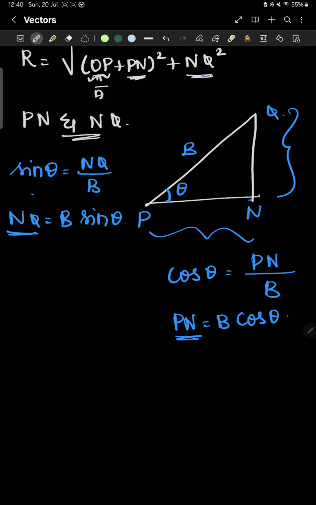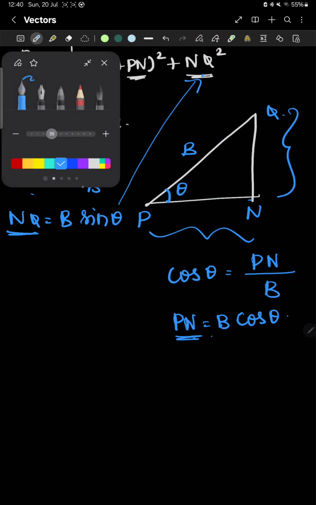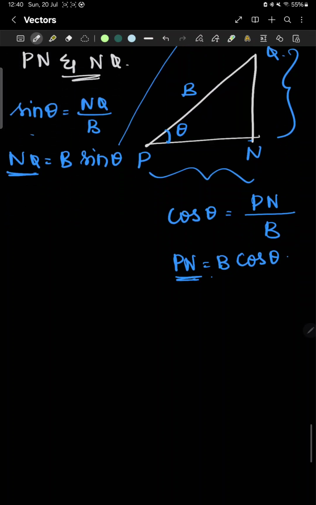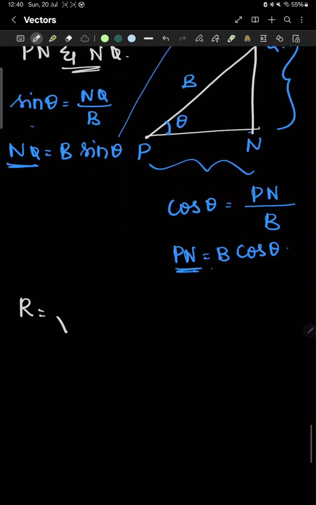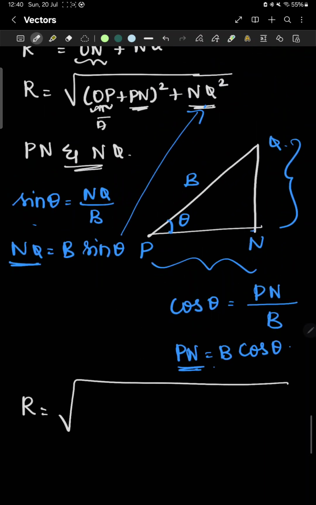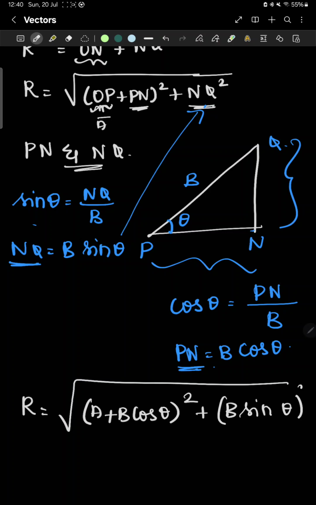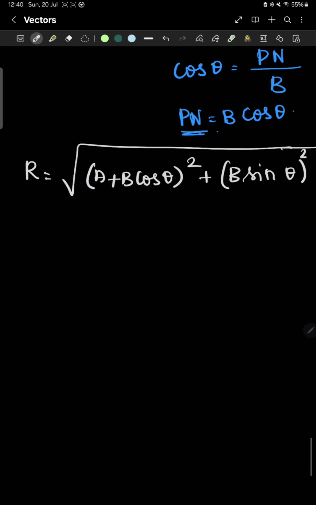So instead of NQ and PN, I am going to substitute them there. Let us rewrite that equation again. R will be the square root of, instead of OP I write A, plus PN, which I got as B cos theta, the whole square, plus NQ, which is B sin theta, the whole square.